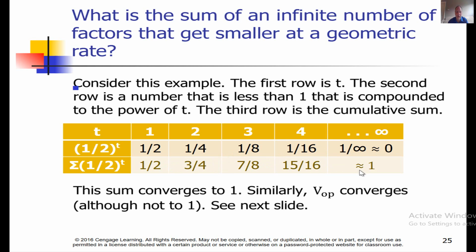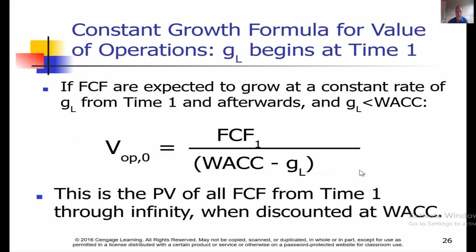Similarly, the value of operations, through calculus calculations of geometric series, can be shown to converge, but not to 1. What they converge to is the equation shown here. The value of the operations at time t equals 0 is the free cash flow in year 1 over WACC minus the long-term constant growth rate.